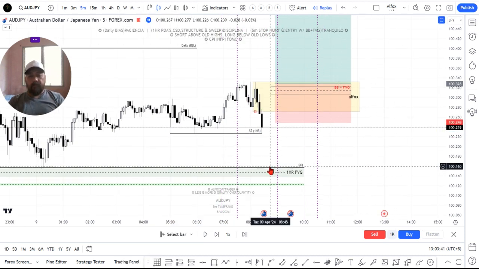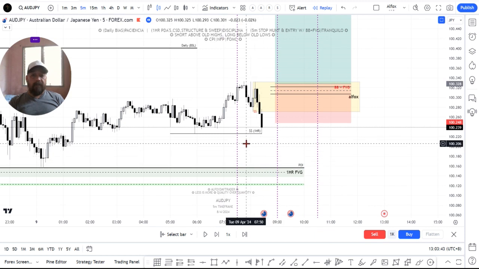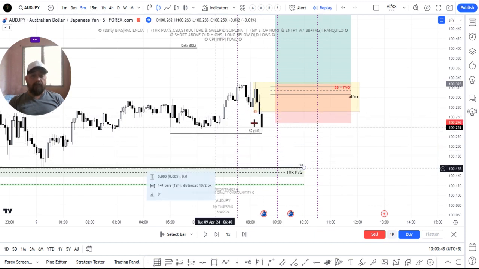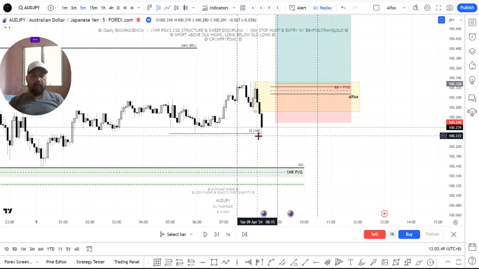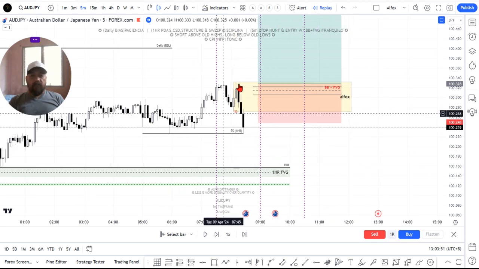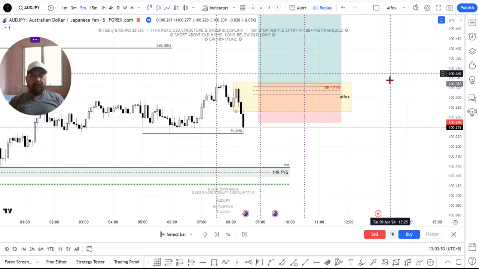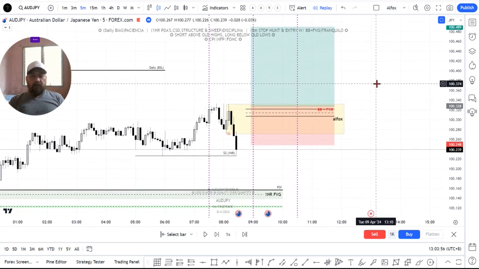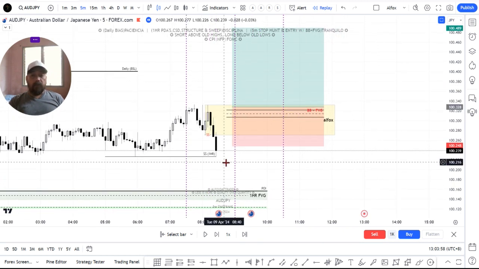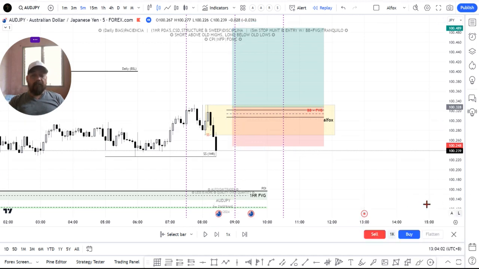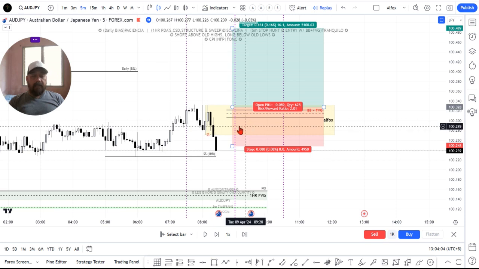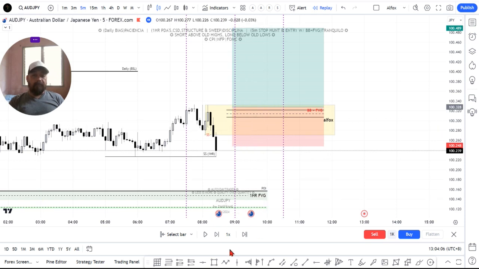See? So now we already have our stop hunt for our lower time frame, and we also have our higher time frame sweep. Plus, we also have our breaker block. So now, all we have to wait for is for an FVG to be formed with a displacement candle and aligned inside our breaker block.